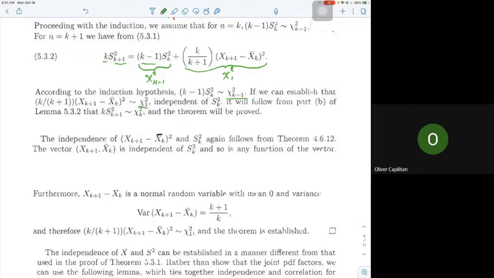Ano yung x sub k natin? The s sub k quantity square.